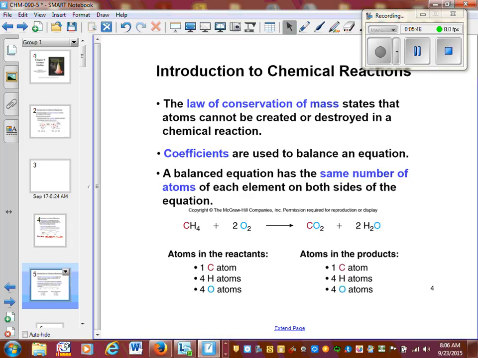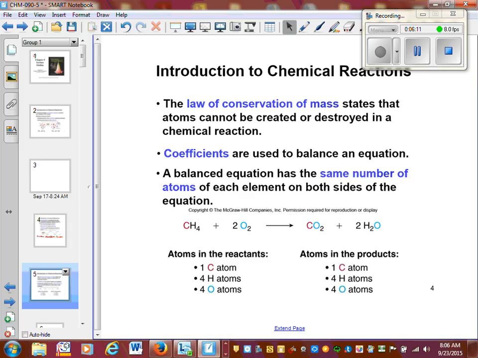So if we look at this equation, methane plus oxygen gives us carbon dioxide and water. Count the atoms. If we look at the reactant side, we have 1 carbon atom, 4 hydrogen atoms, 4 oxygen atoms. The coefficient multiplies everything in the molecule. So it's 2 times 2 is 4. Come over on this side. Carbon dioxide.